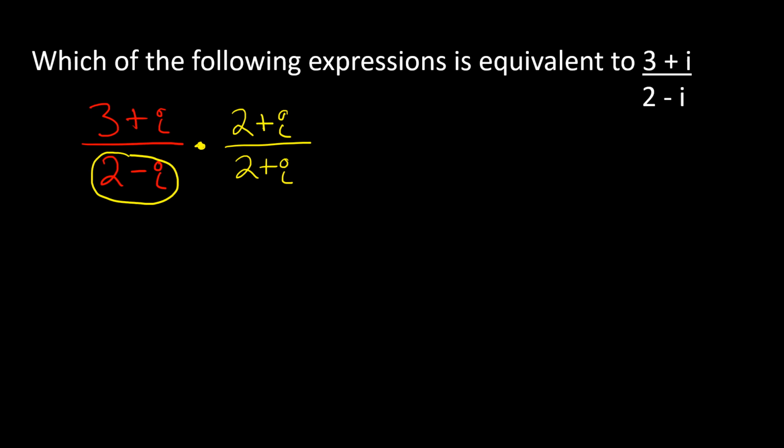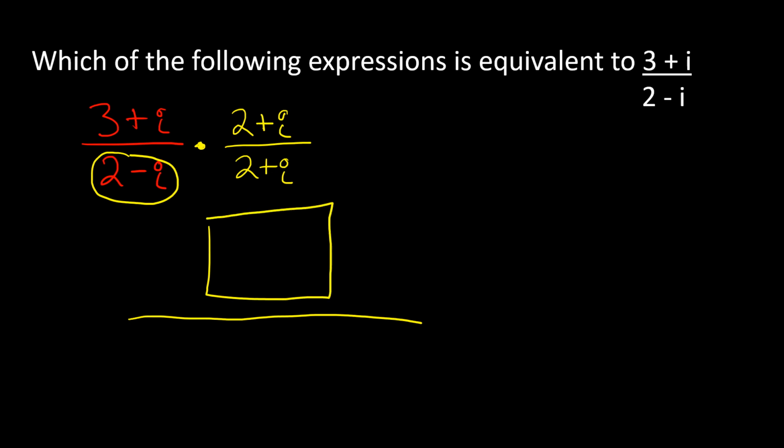So what's going to happen is we're actually going to end up having to do 2 different box methods. And what I mean by that is, I'm going to set this up here, and I'm going to set up our boxes. Because in the numerator, we're going to multiply this value and this value. So really what we're doing is 3 plus i times 2 plus i.